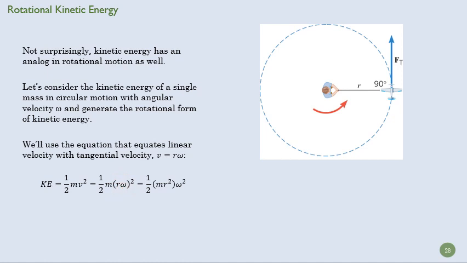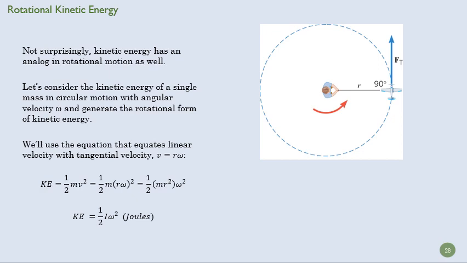And when we multiply this out, we end up with an r squared term here, as well as an omega squared term. And that then looks familiar to us too, right? This is our moment of inertia I. And so once again, we find that our equation looks eerily similar to our linear equation, right?